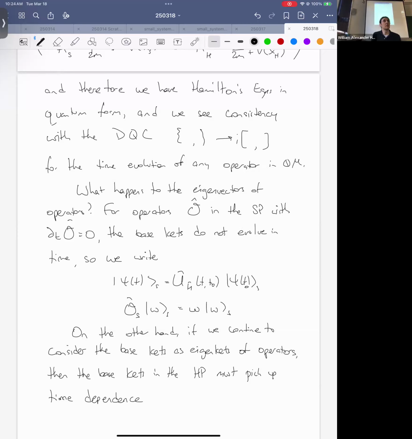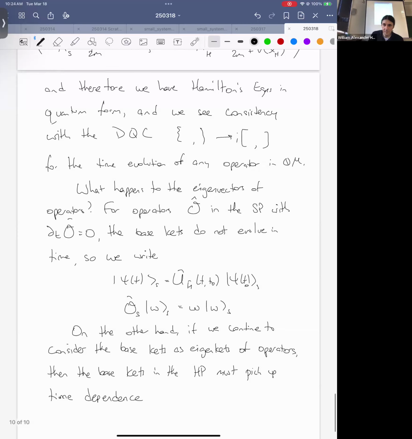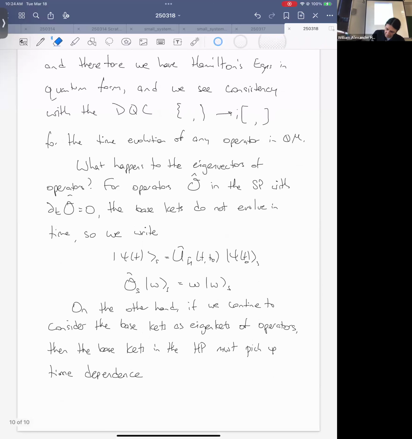This tends to give people some pause, but let's see how it works. So in particular, if our operator in the Heisenberg picture depends on time t, then our omega in the Heisenberg picture also has to depend on time t.